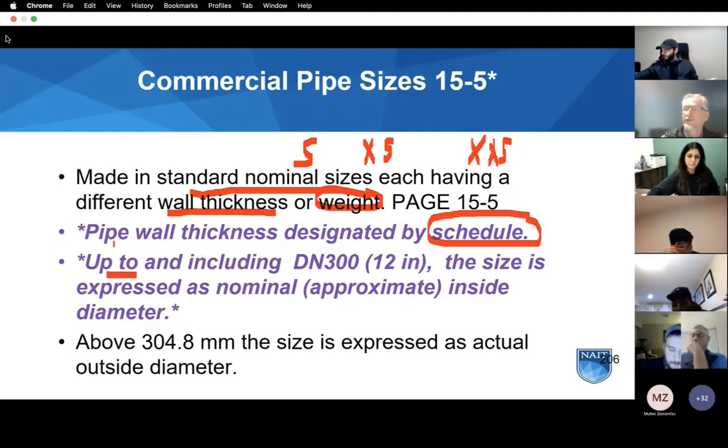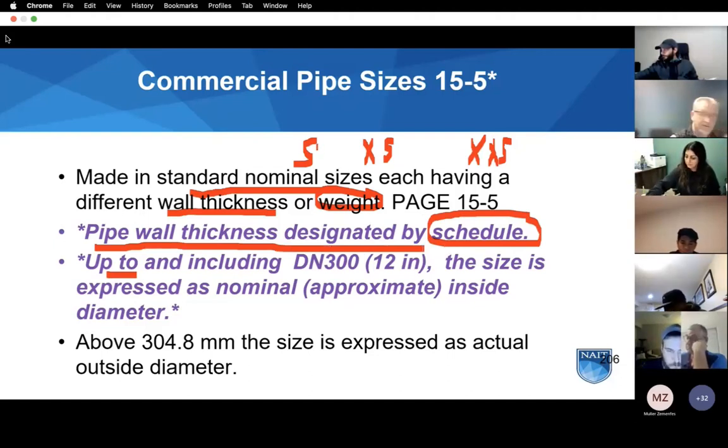So if you want to know the pipe wall thickness of piping, you're going to use that chart. You're going to see across the top on the second page of it in the textbook the old school standard, extra strong and double extra strong. That schedule number is across the top in your academic supplement.